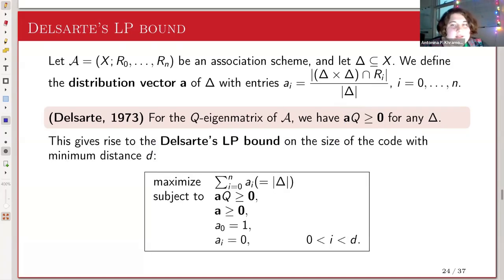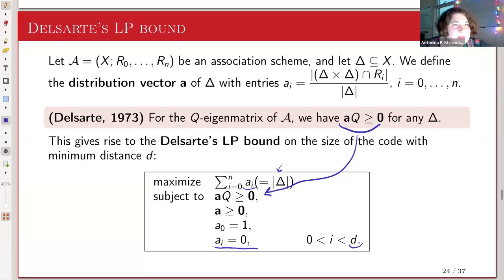And this inequality can be used as a constraint in the linear programming bound here. So what is happening here is we want to maximize the sum of entries of the distribution vector, which is exactly the size of delta because of how it's normalized. The most interesting condition here is this last one, which says that a_i is equal to 0 if i is less than some predefined d.